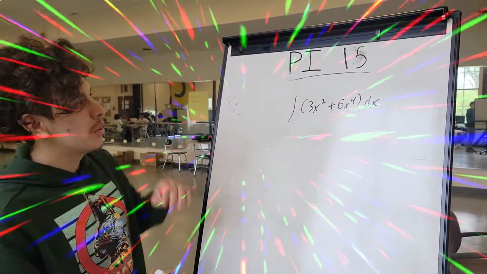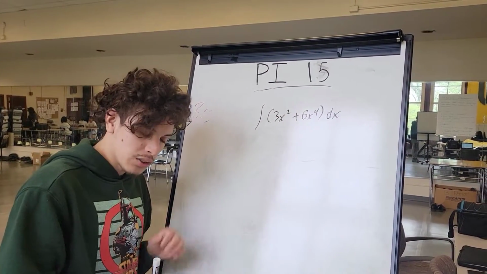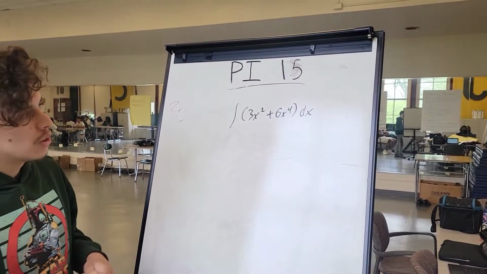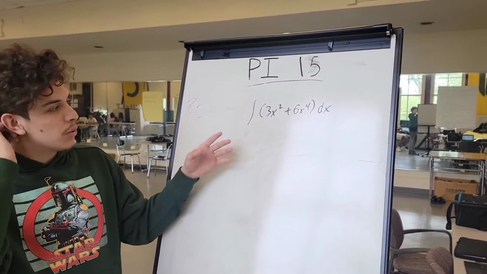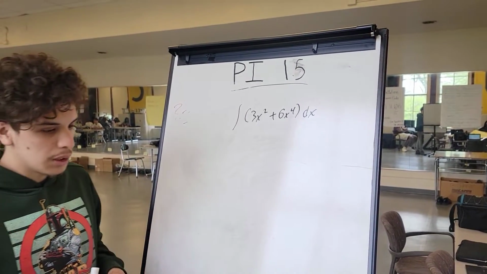For our first example of PI 15, we have the integral of 3x squared plus 6x to the power of 4, with dx at the end. To solve this, we have to find the antiderivative and simplify it as much as possible.